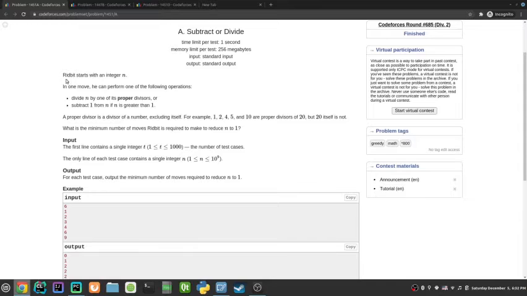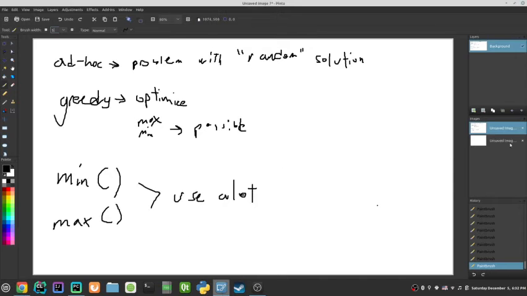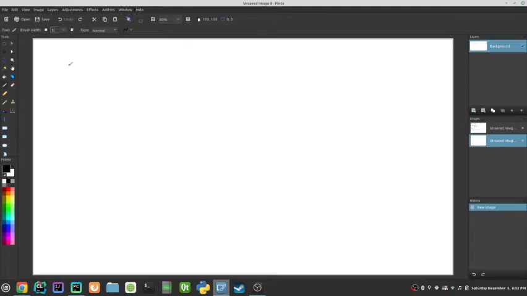We are given an integer n, and in one move we can do two things: divide n by one of its proper divisors, or subtract 1 from n. It turns out we can do this greedily. Let's say, for example, we're given 18.